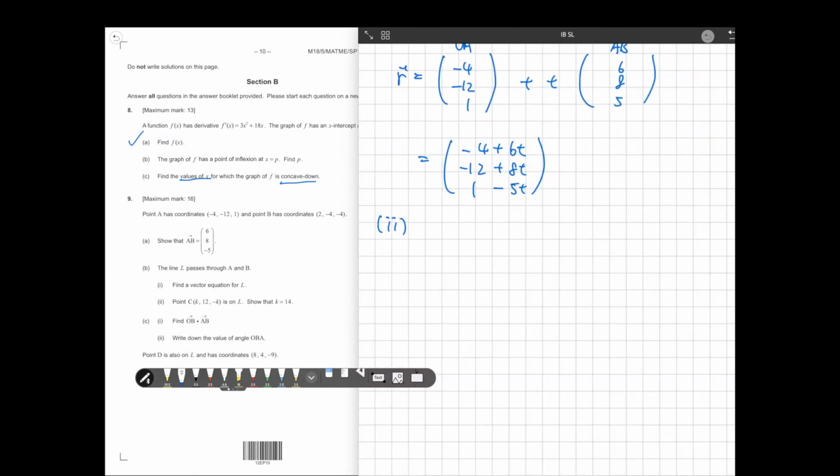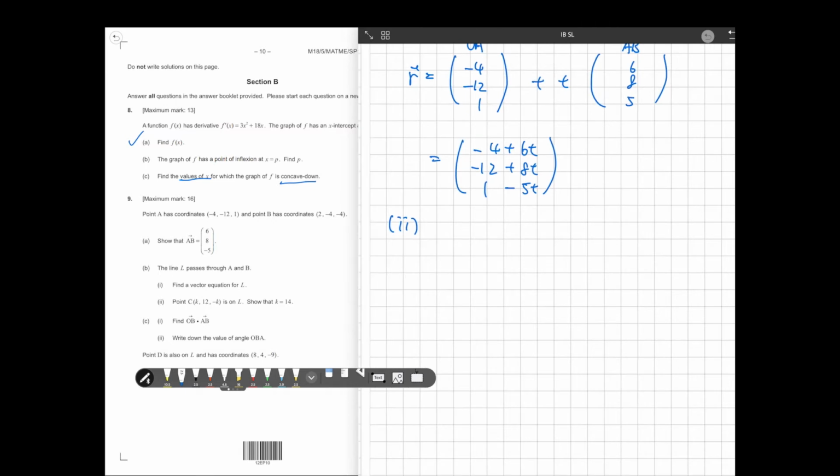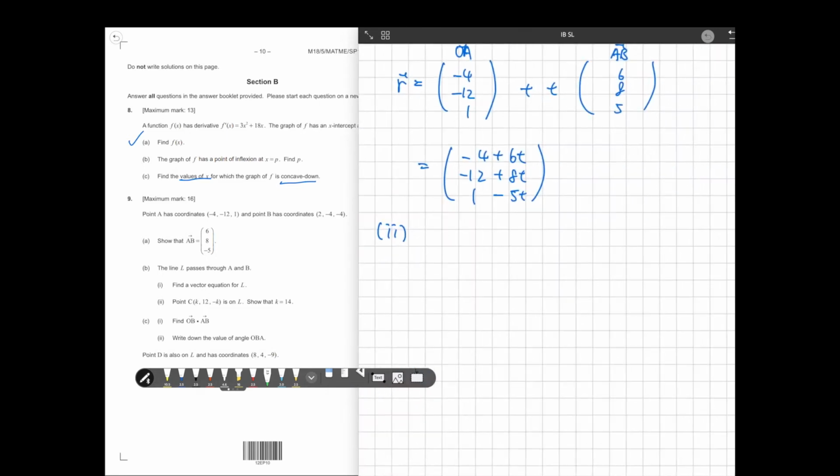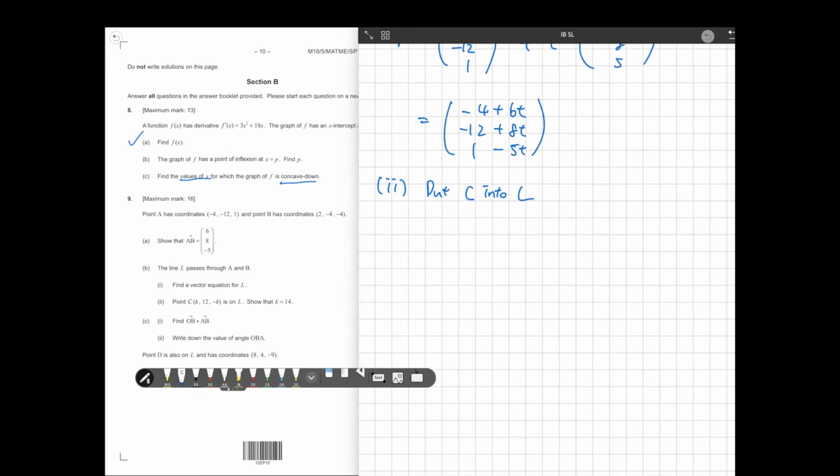For part B2, we have a point C on this line L. So I specify it as here. Because it's on the line, we can just substitute it into the equation. So we put C into L so we can find the value.